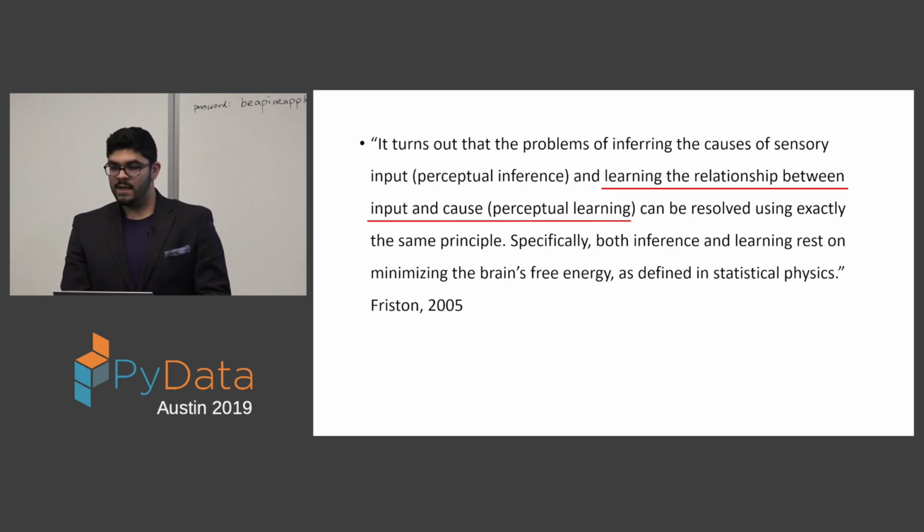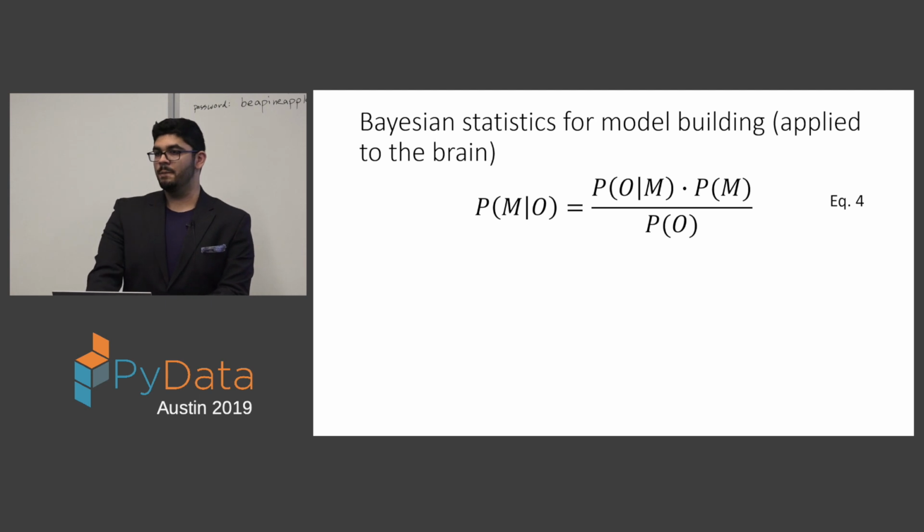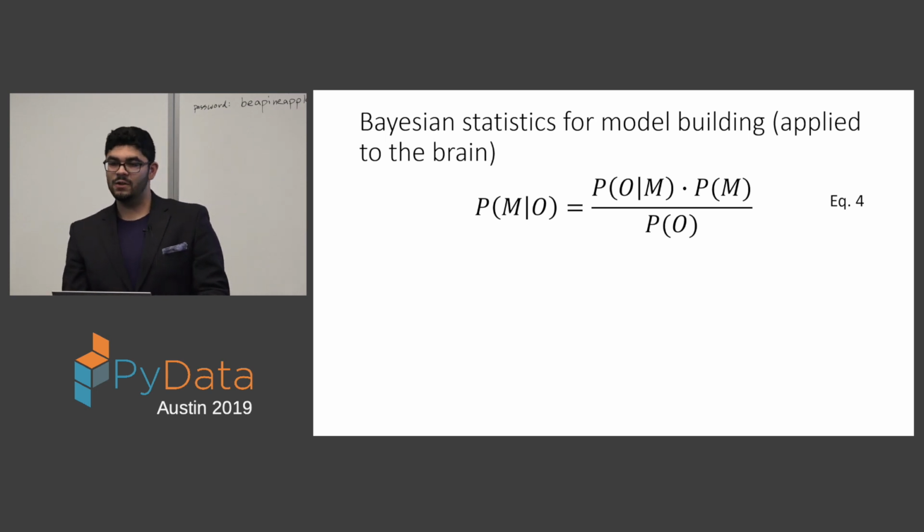So we can use this thing called Bayesian statistics to model what we learn about something and how we update our ideas about something. So if we have the probability of M, our internal model, given O, a new observation, we want to test how accurate our model is. So we find the percent chance that our internal model is still correct given some entirely new observation.